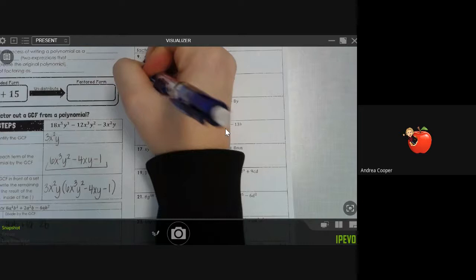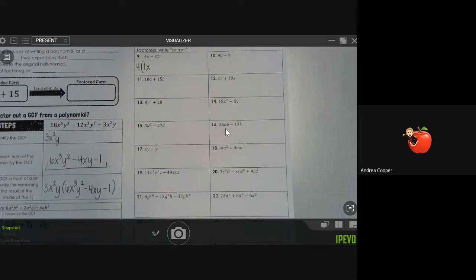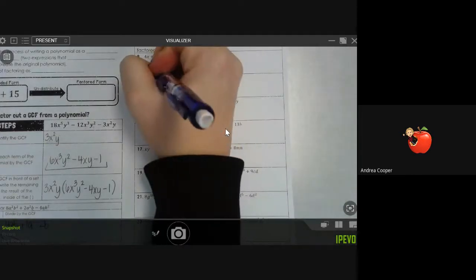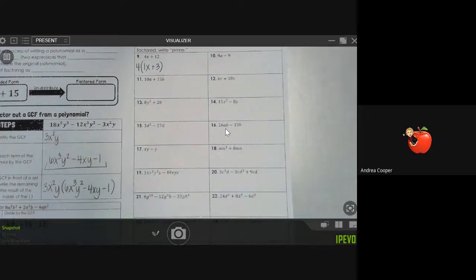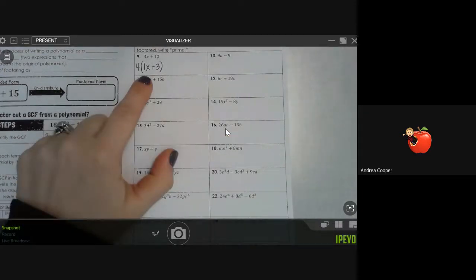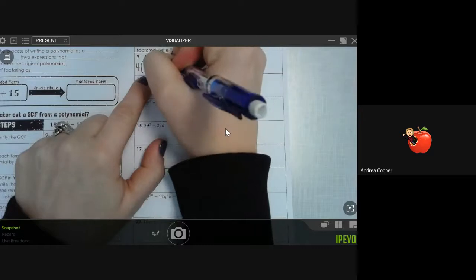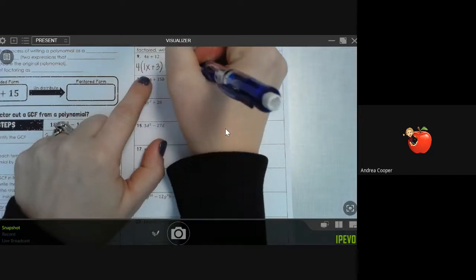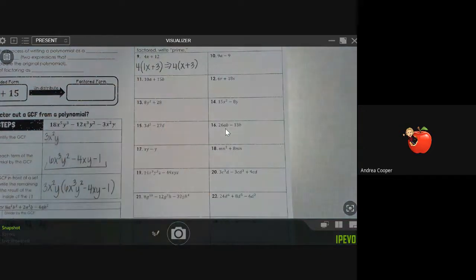If you can't subtract anything, just bring it down. Now, 12 divided by 4 is 3. You could leave your answer just like this, or you could take that one coefficient away, like that. Either one of those answers I am completely fine with.